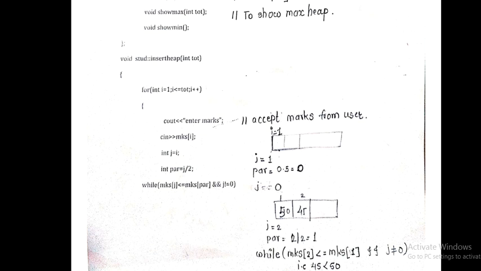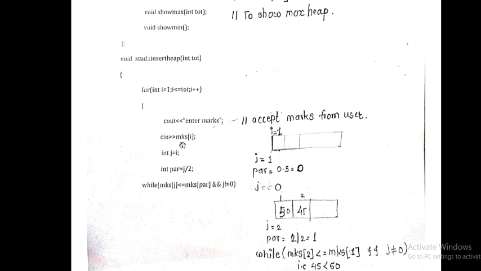Insert heap will take the marks first, because in the main function we have just asked for the number of students, and that count we have passed over here as total. Now that number of students is taken in the variable total, and we use a for loop up to that total. The for loop starts from 1 up to the total count of students, and we are creating one array in which we put the marks of the students. We ask the user to please enter the marks.